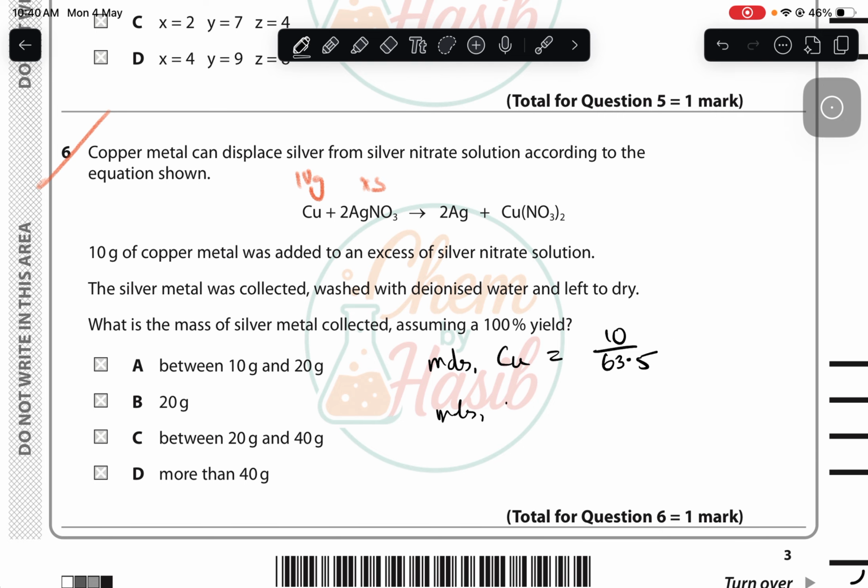The moles of silver will be 2 multiplied by the moles of copper, because the mole ratio of copper to silver is 1:2. Then you find the mass of silver, which is 2 multiplied by 10 divided by 63.5, multiplied by the relative atomic mass of silver.